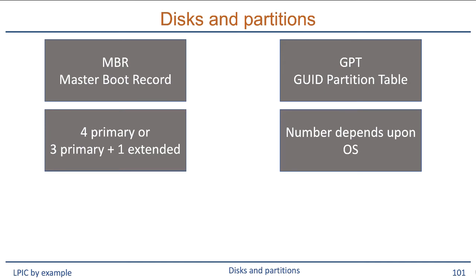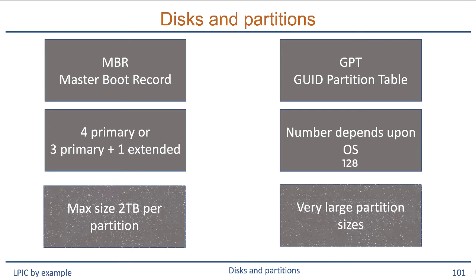You could create 4 primary partitions or 3 primary partitions and 1 extended partition, which you can then later use to add multiple logical partitions into, which is all very weird. The number of partitions is very, very limited. With GPT, every partition has a globally unique ID, and the number of partitions is limited by the operating system. In Linux, at the moment, this is 128.